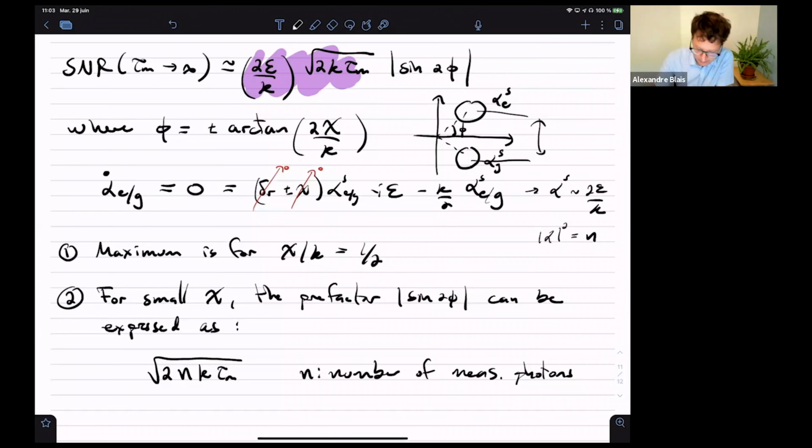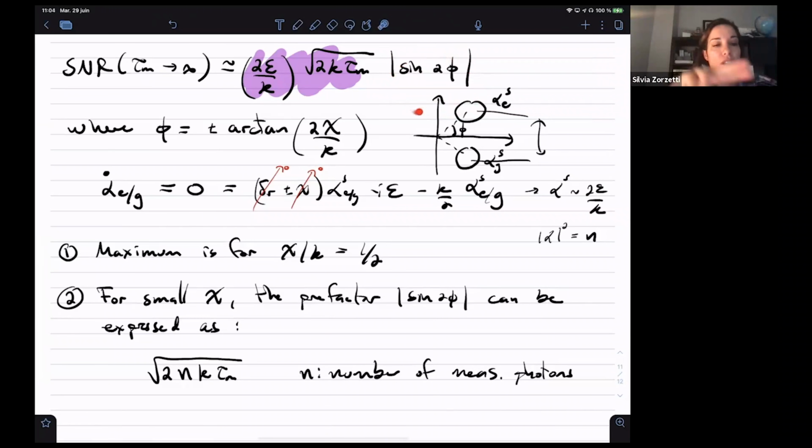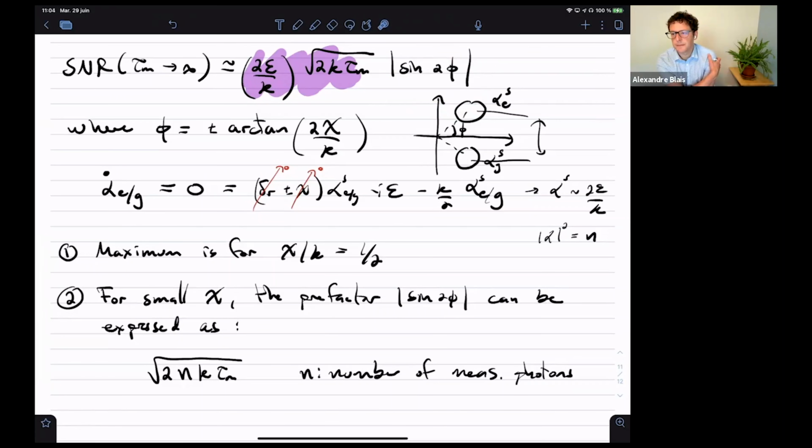These two ways that you have to maximize the SNR: number one is a way to maximize it by impacting the design parameters of the qubit and the resonator, and number two is something that can be done experimentally?